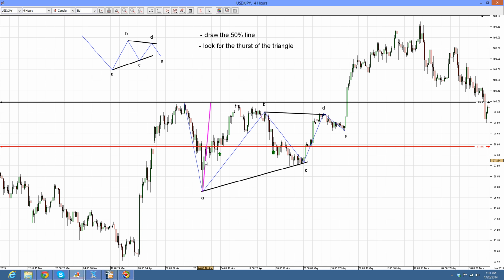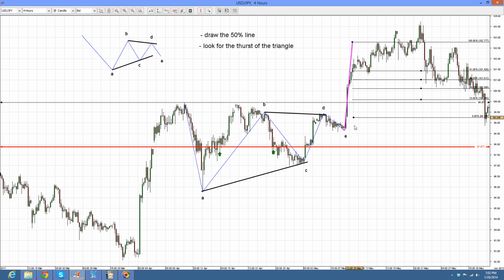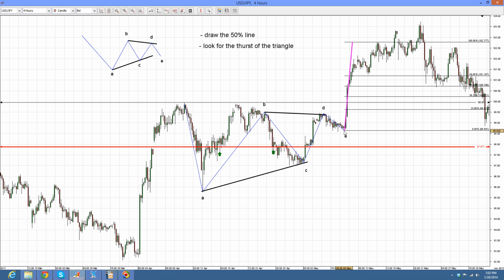So you take this line, you put it by the moment the E wave is broken, and you measure with the Fibonacci retracement 70-75% based on this length, like this, and the thrust of the triangle will be something around this area.